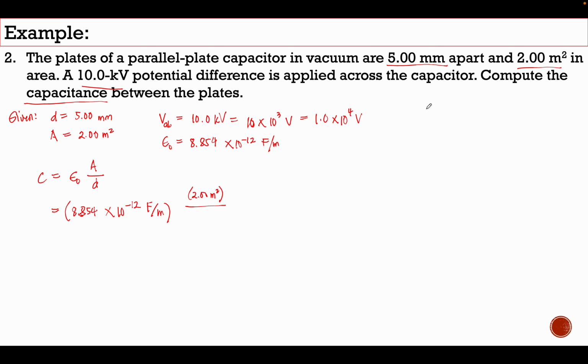For the distance, by the way, the distance is 5 millimeters. So again, 5 millimeters in terms of meters: 5 divided by 1,000 is equal to 5 times 10 to the power of negative 3 meter. Okay, so we have our D is 5 times 10 to the power of negative 3 meter.